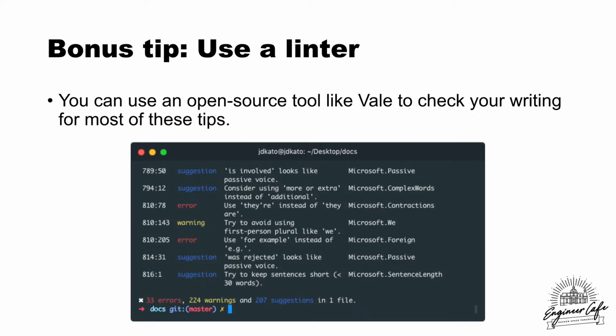This screenshot shows some suggestions, errors and warnings based on Microsoft's style guide for some text that's been put into it. It says this line, starting at this character, oh, looks like you used passive voice. It's pointed out the word additional is a really complicated way to say more. And there are a few other suggestions.